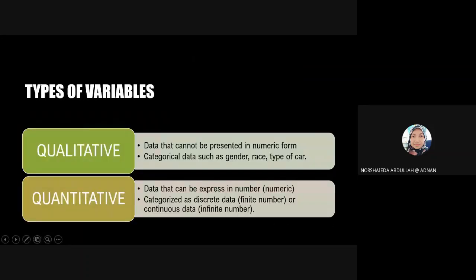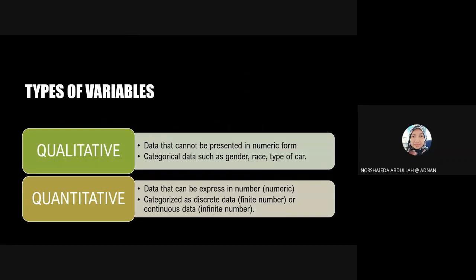Right? So types of variable is what we want to study, the character under study. Like the earlier example, we want to study the income, so income is the variable. A variable can be of two types, qualitative or quantitative.